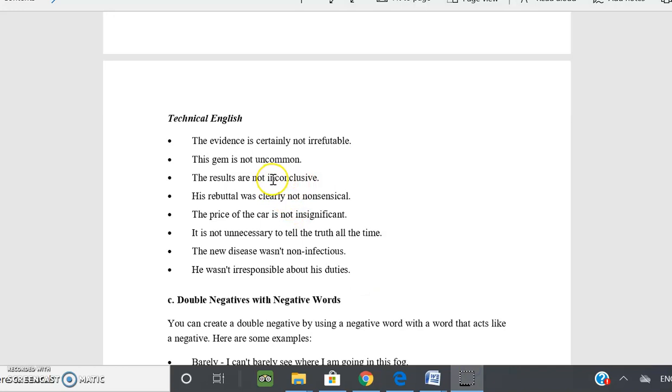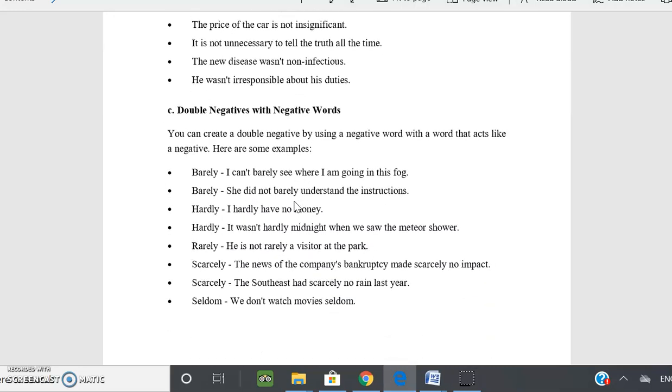So in- is a negative prefix. Similarly, evidence is not irreversible. So you have a double negative here. It was clearly not nonsense. If somebody says it is nonsense, no, it is not nonsense; it makes some sense, like that. We sometimes use double negatives with prefixes. Okay, now double negatives with negative words.